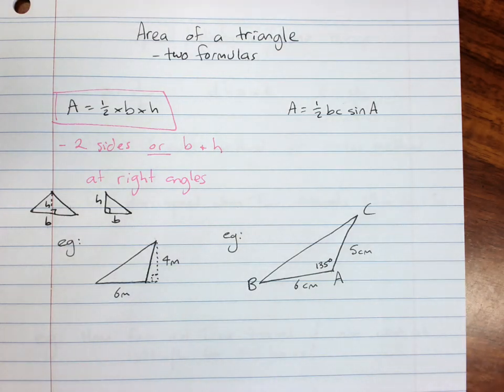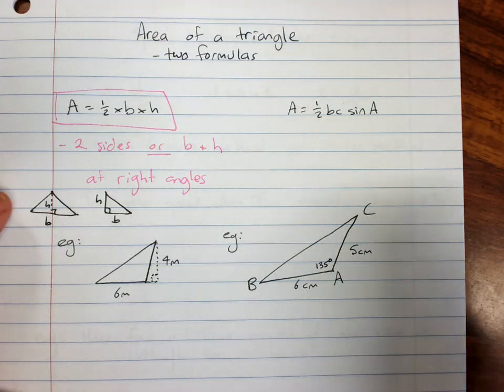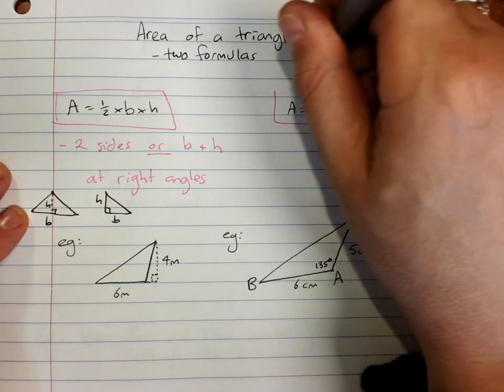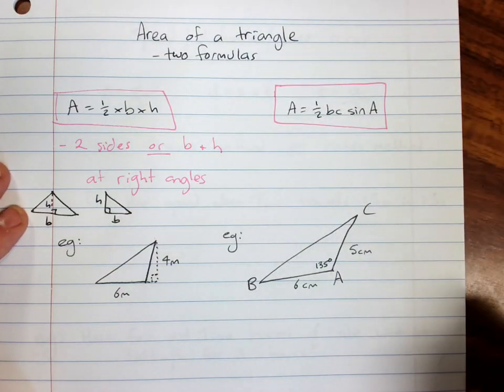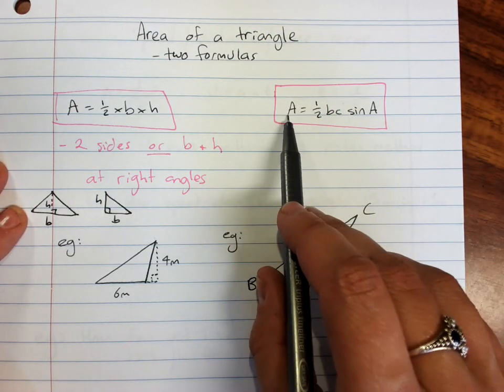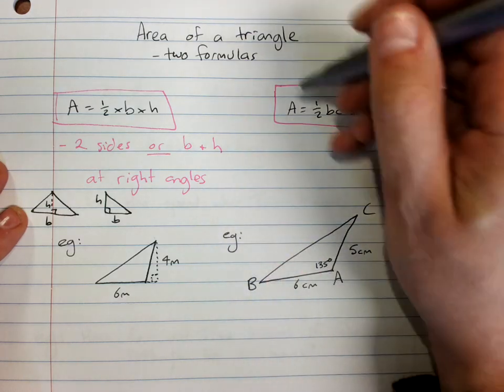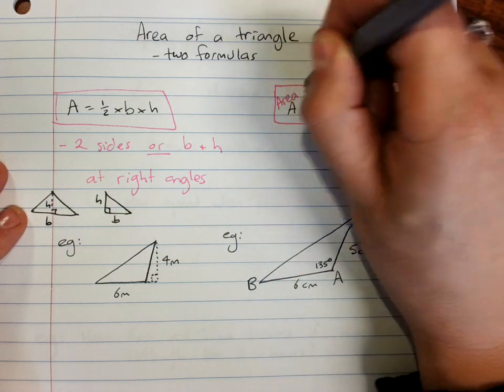As we move into non-right angled triangles and trigonometry, this is another formula that is really useful. Now this is A for area, of course, just in case we're confused.